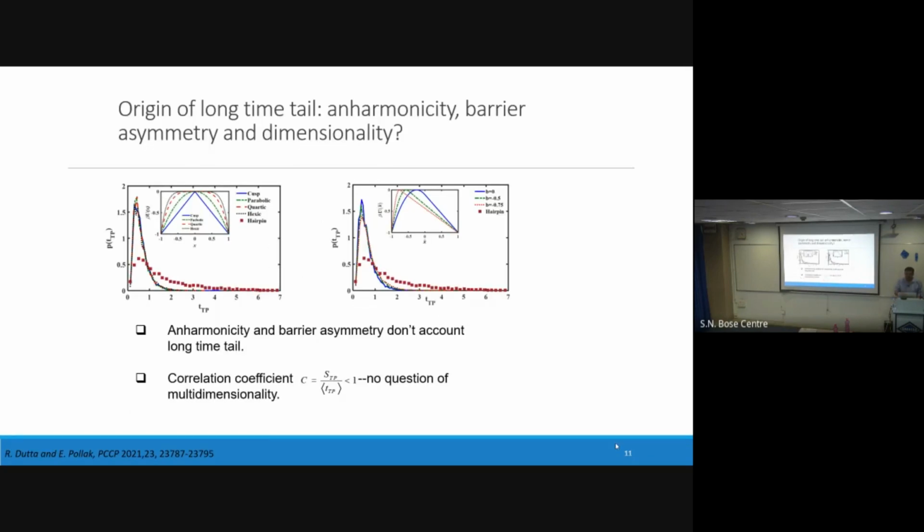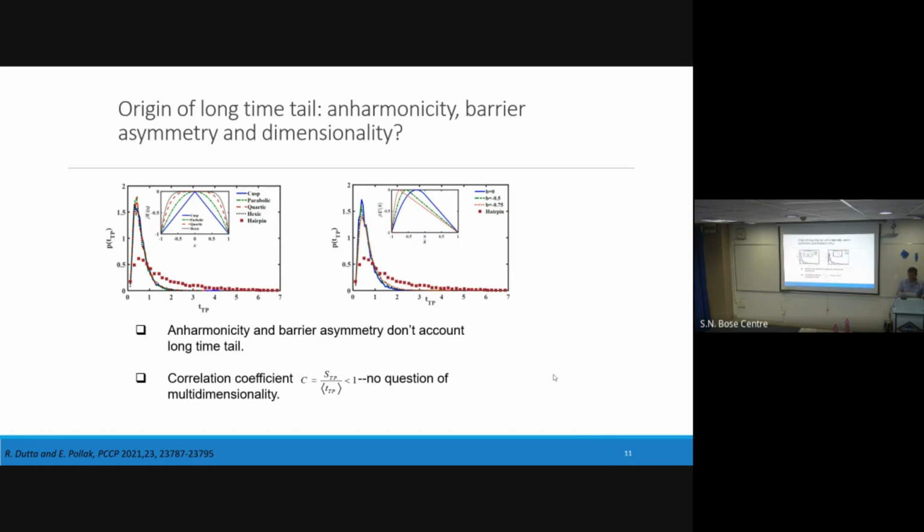We first start with the anharmonicity and asymmetry effect of the barrier. We consider different types of barrier: two linear terms of the potential, known as the cusp, the blue one; then parabolic, which is minus half kx squared; quartic, which is minus kx to the power 4; and x to the power 6 type of potential. Going from parabolic to anharmonic potential, we hardly see any difference in the normalized distribution. As we explained earlier for the one-dimensional case, a smooth parabolic potential cannot explain the long time tail.